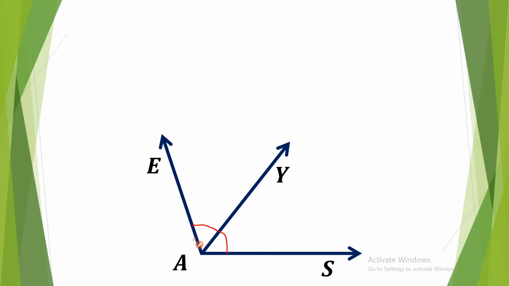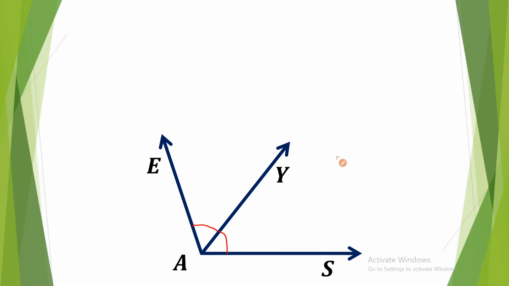Now compare those two angles. What is or are common to them? Correct. They both have ray AY. Plus, they have the same vertex, which is vertex A.